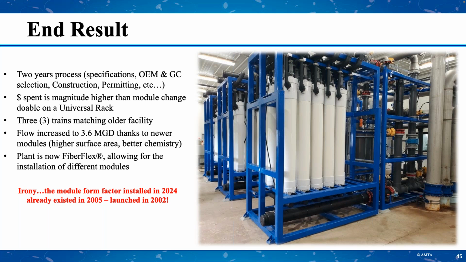The product has evolved and gotten better. But we spent all that money and all that time to install a module that was already on the market back in 2005 when the plant was done. If long-term planning had been part of risk management, we would have avoided this whole amount of work and project.